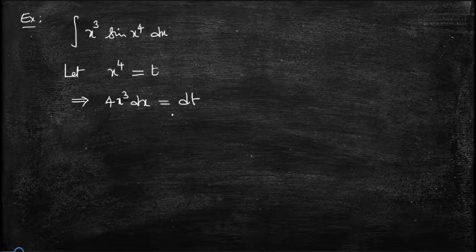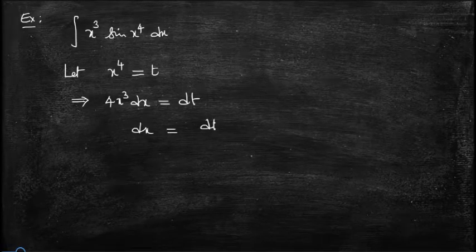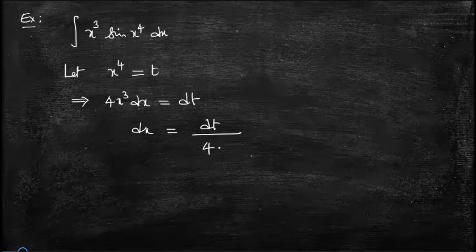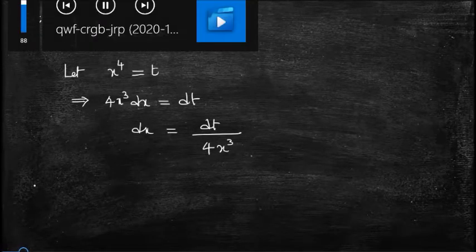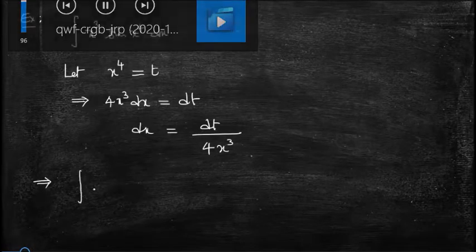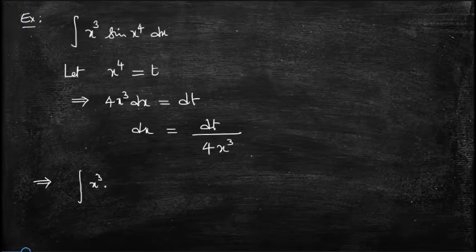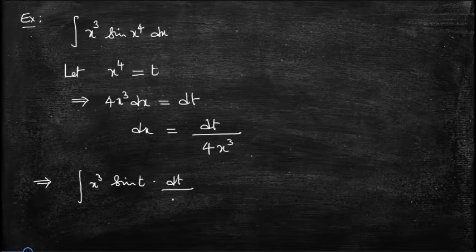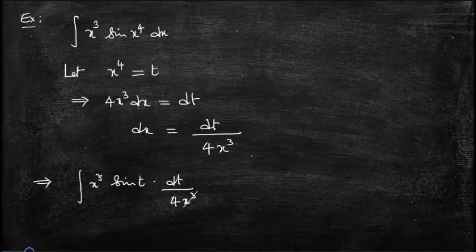So you can replace dx as dt by 4x cube. So that implies, when you replace it, integration of x cube sine t into dt by 4x cube. So x cube gets cancelled.